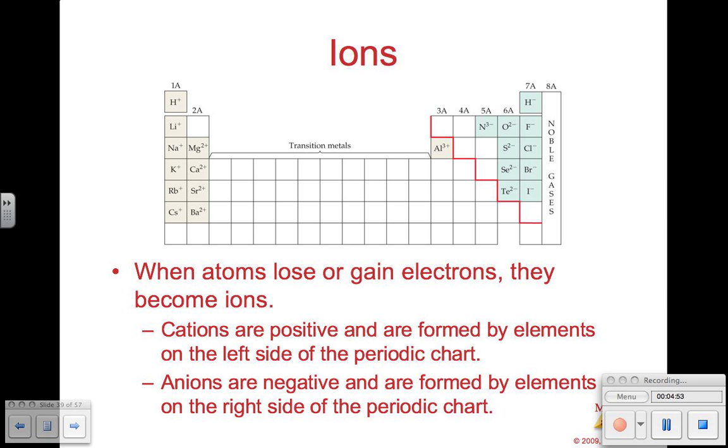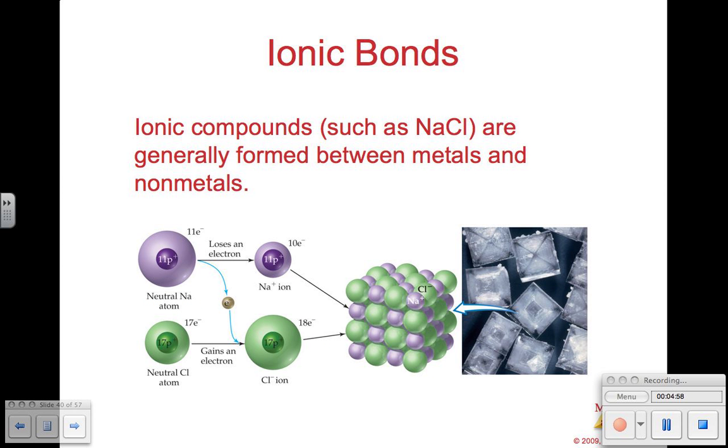Most of the transition metals, which we'll look at a little bit later, also have positive charges or form cations. They lose or gain electrons to have a more stable outer shell of electrons. And we'll look at that further on in this course.